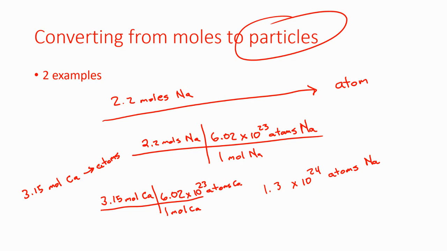So on my calculator, I'm going to say 3.15 times 6.02 second comma, which is E, 23. Hit equal, and I get 1.90 times 10 to the 24th, and that is calcium atoms.